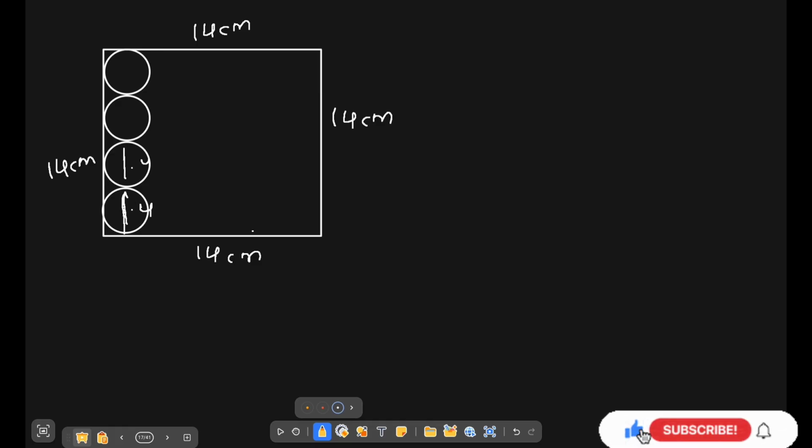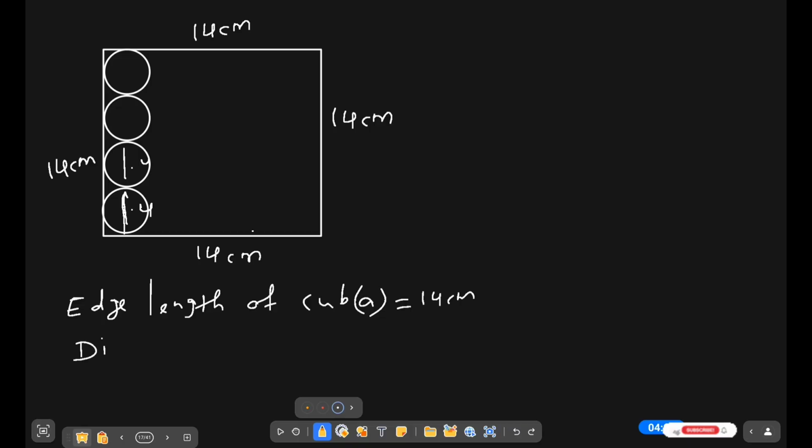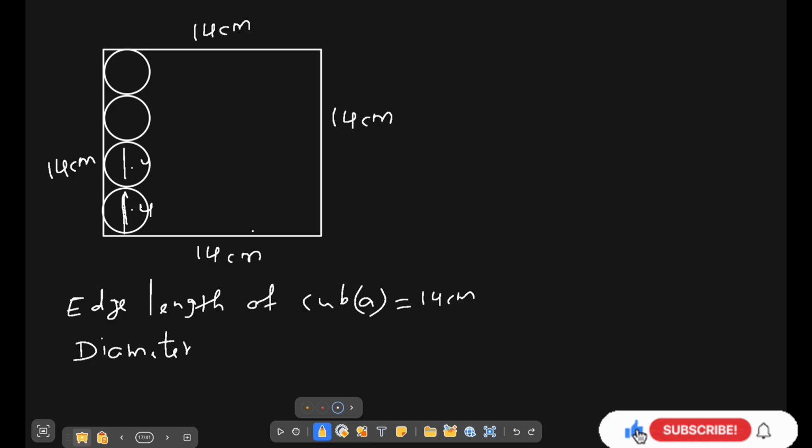So we need the number of hemispheres that can be scooped from one edge. Here the edge length of the cube is 14 centimeters, and the diameter of the hemisphere is 1.4 centimeters.